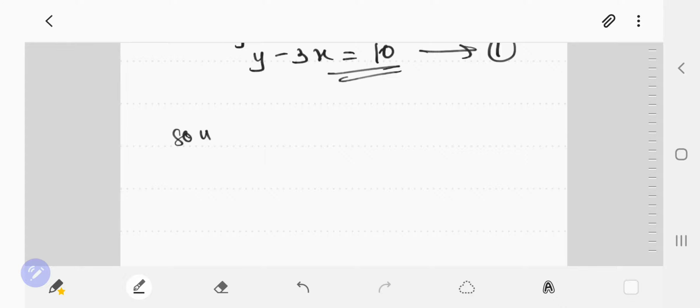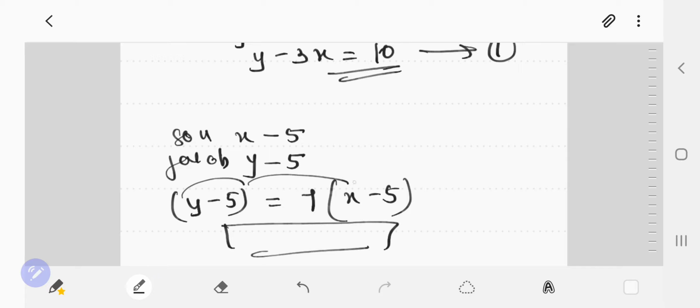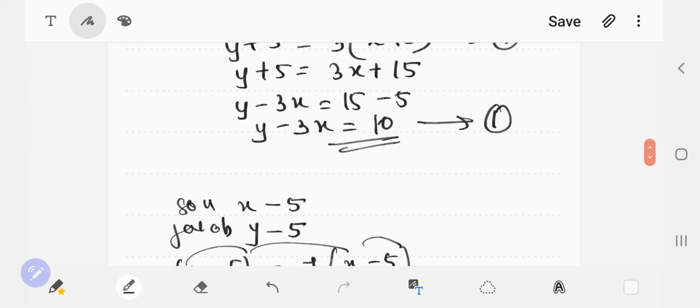So son is x, Jacob is y, as we have kept. 5 years ago means minus 5, and now Jacob's age will be 7 times the son's age. That will be your equation. Again, you have to open up the brackets, keep it in linear form and make it equation number 2. Once you have 2 equations, my dear kids, the problem will be very easy.